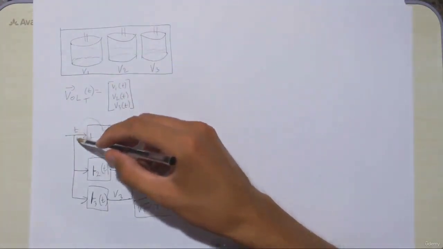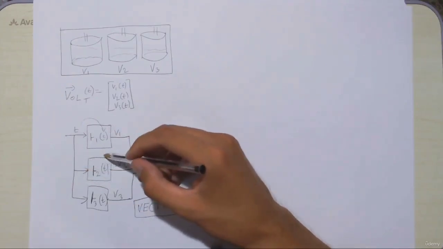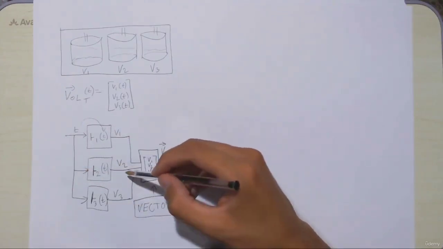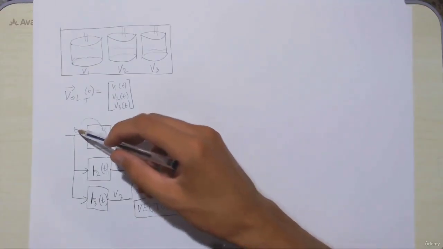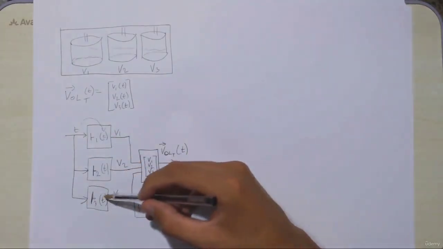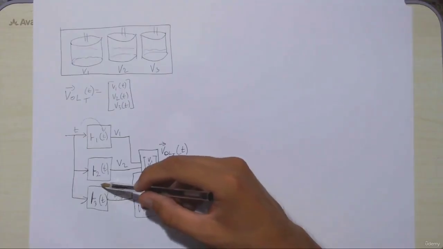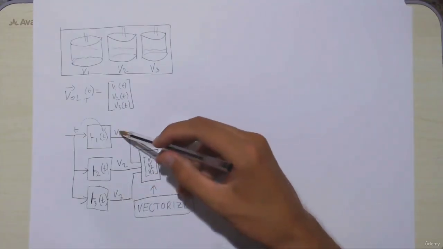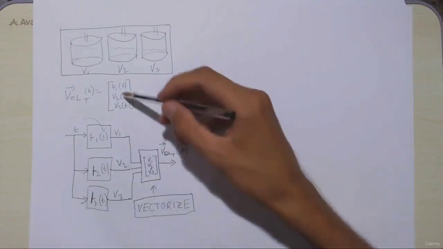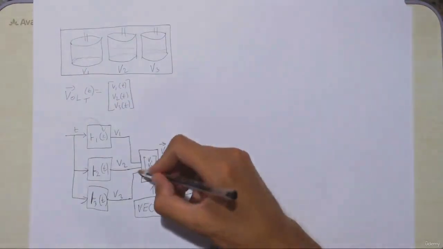And then the same t goes into function 2, and you have the volume of water in the second tank, v2. And the same thing, the time goes into function 3, and then you get v3. You can control each vector element as a function of time, and then you vectorize them.